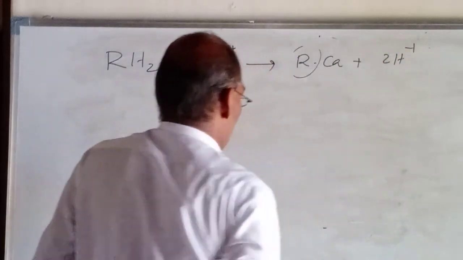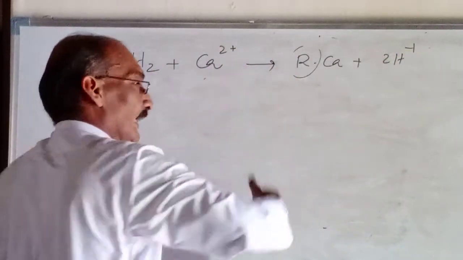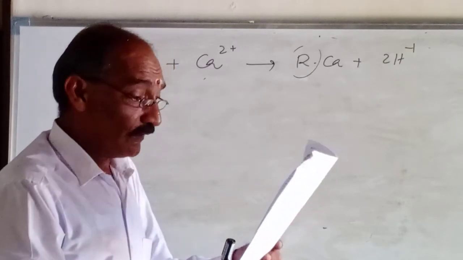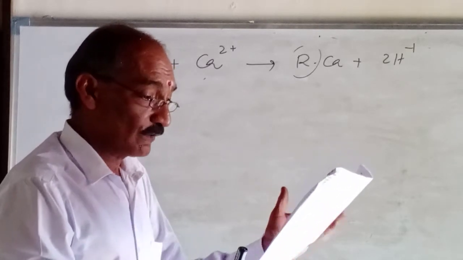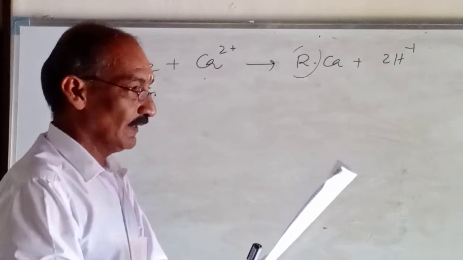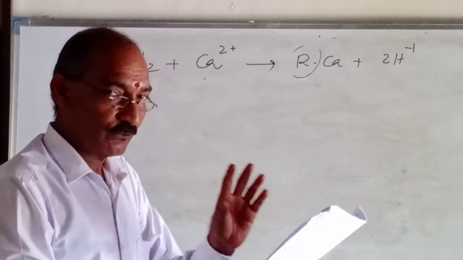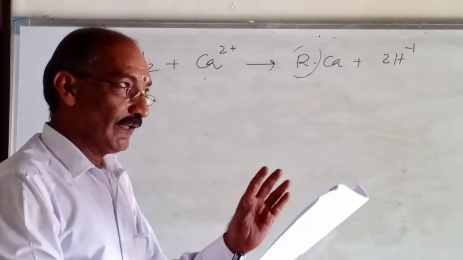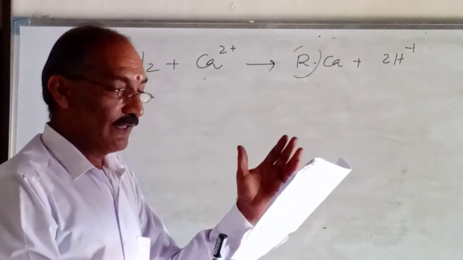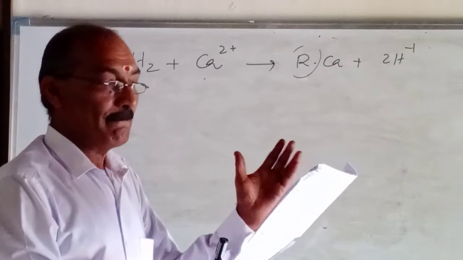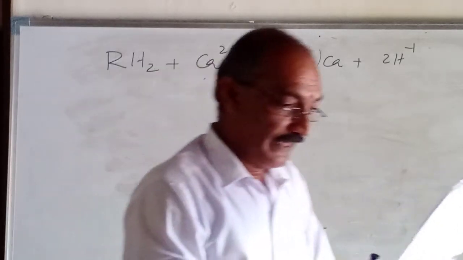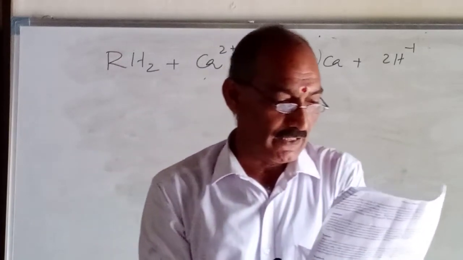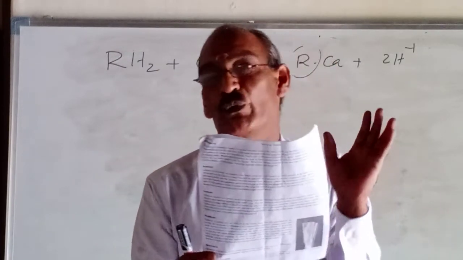Ca2 plus we will get as RCa. Then the remaining question: suppose you are passing 1 liter of hard water through the ion exchange resin. After that, when we take the pH value, the pH of the water becomes 3. Then what is the hardness in ppm, parts per million, of Ca2 plus ion?